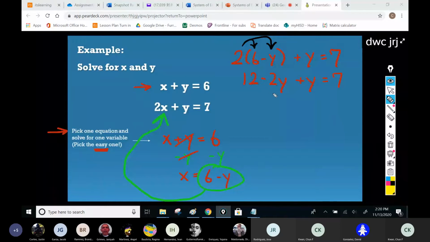And then we will combine the like terms right here, negative 2y and the positive y. So negative 2y plus y gives you negative y, and the equation is 12 minus y equals 7.